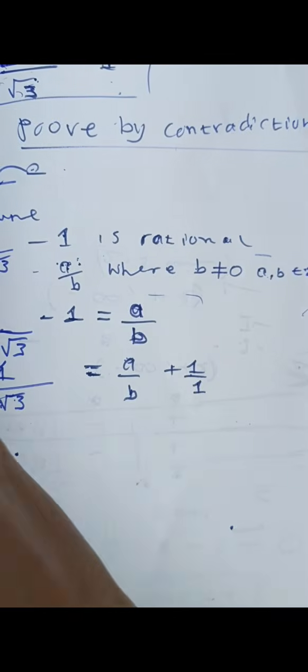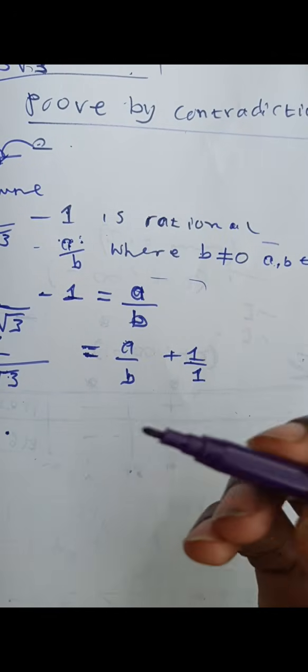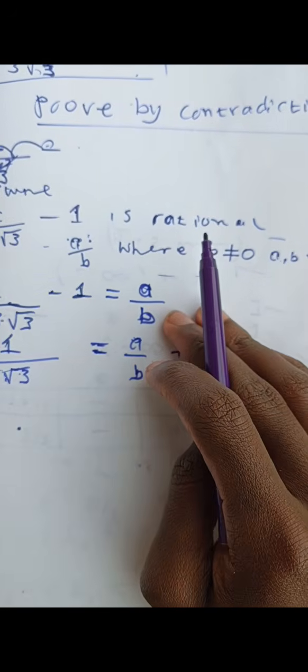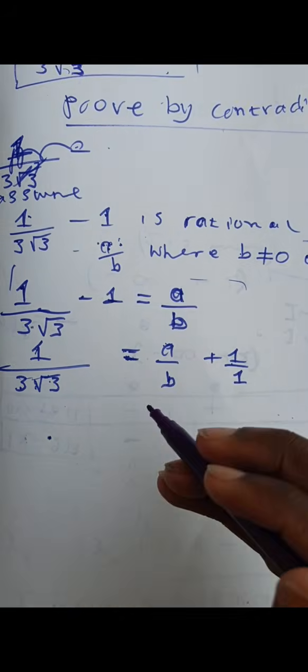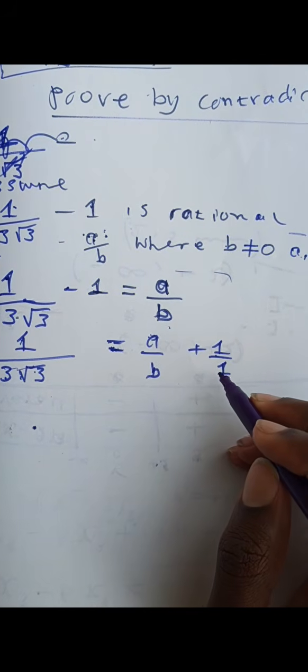Maybe they can put square root of 2, square root of anything. That one is what you aim to leave as the subject. I don't know how many times I'll say it because most students get stuck. Some manage to reach here, but they don't know which one to make the subject. They start making A or B the subject. No, it doesn't work like that.